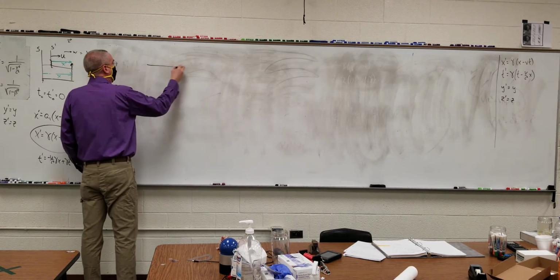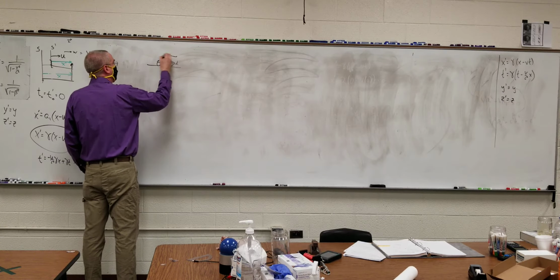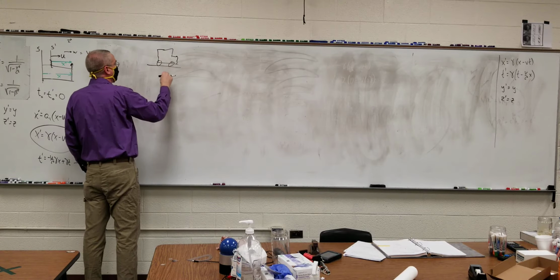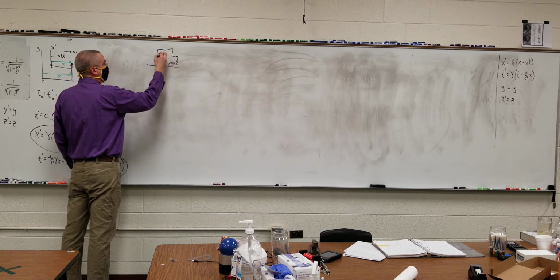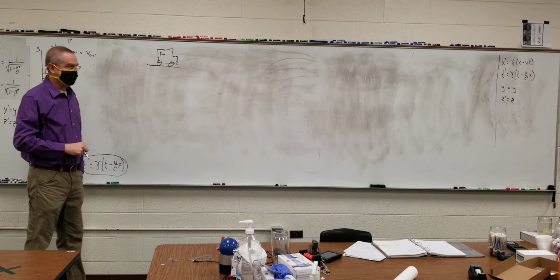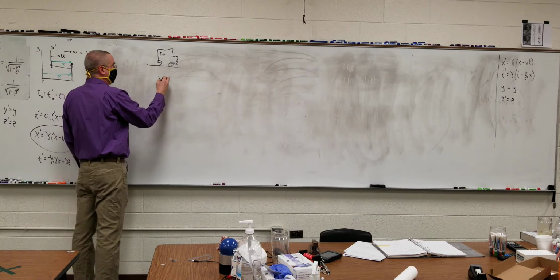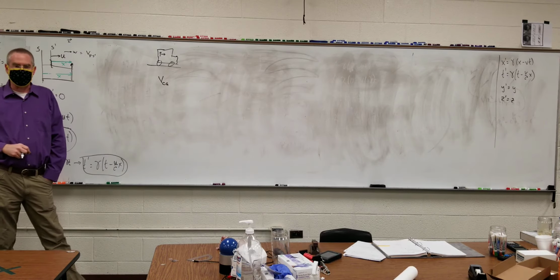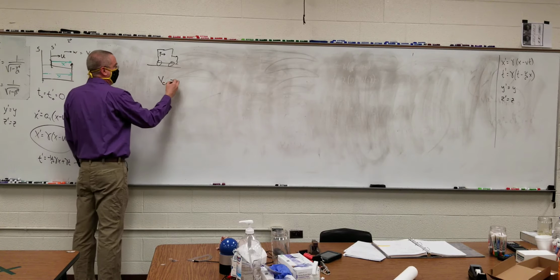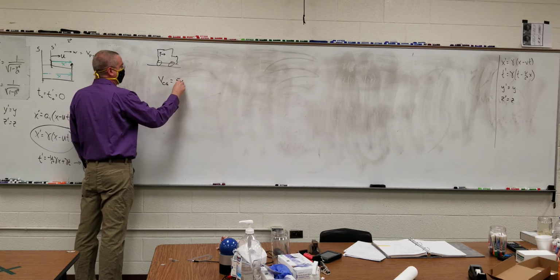So if you are in a car, make it a station wagon-ish. You're driving along in a car, someone in the back of the car throws an object to the front. So the velocity of the car with respect to the ground, which is generally how we measure speed of cars, is, let's just say, 50 miles per hour.